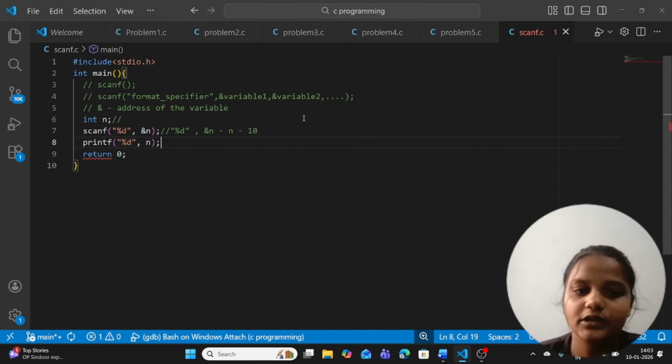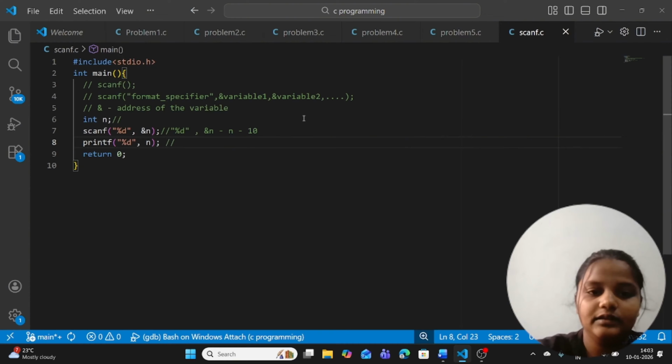For printing, we don't need the ampersand symbol. Only for scanf we need the ampersand symbol, because we want to denote for which variable we are giving this input. So we use the ampersand symbol only in scanf and not in printf.